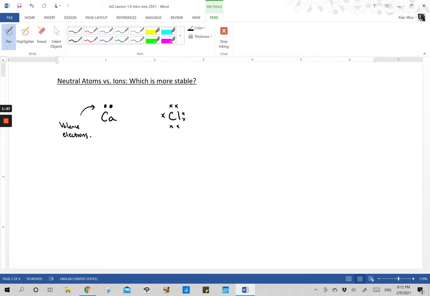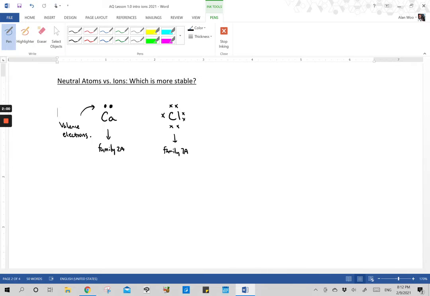So maybe we'll just write a note. Calcium is in family 2A, chlorine is in family 7A. By looking at their family number, you can figure out how many valence electrons there are.